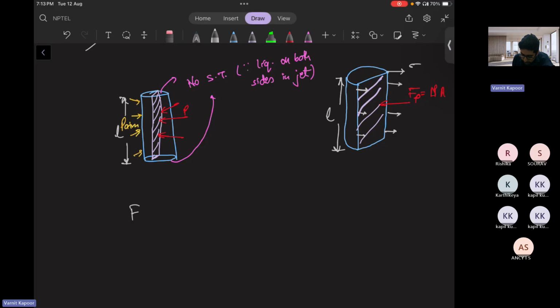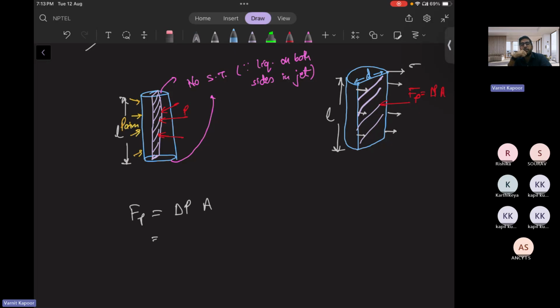So again, you will balance. Fp is nothing but delta P into area. What is area? This is your diameter. This is your length. What is the area of this rectangle? Tell me. Anyone?